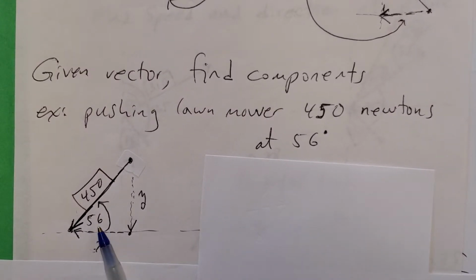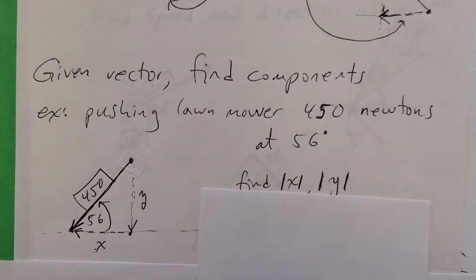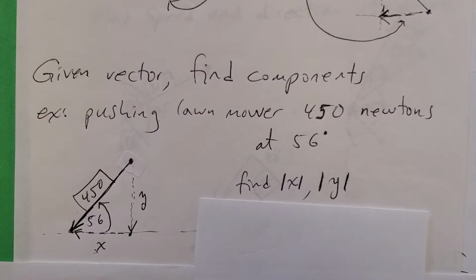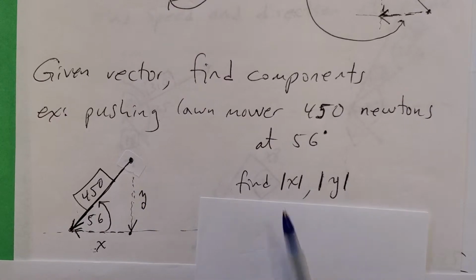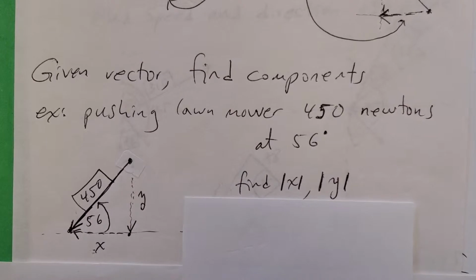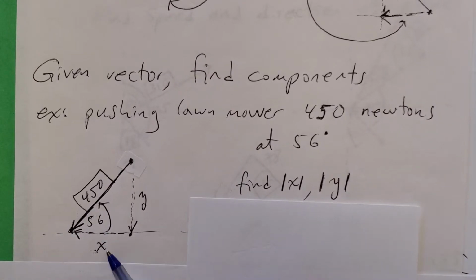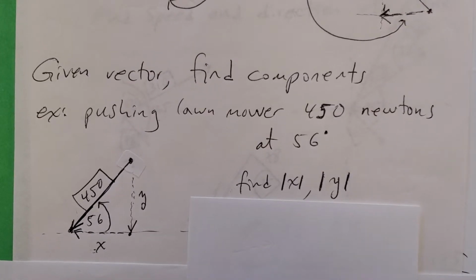So we have the angle. What do you want to find first? This is what we want to find. We put bars around them because we're talking about vectors. In the vector world, if you're looking for the length of a vector, you put those bars. So I'm going to find x first. That would be adjacent and hypotenuse, AH, cosine.